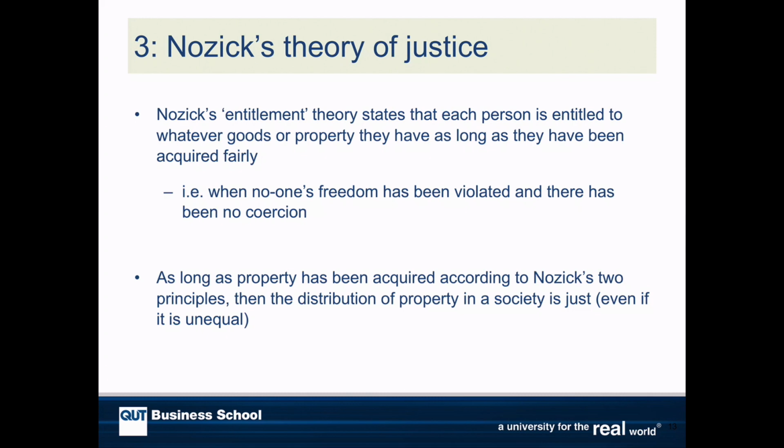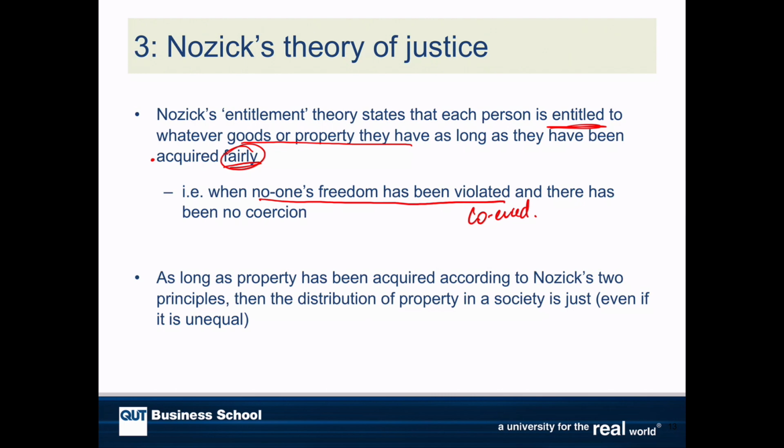So Nozick's entitlement theory basically suggests that everyone is entitled to goods and property that they've acquired fairly. This is really important. You have to have acquired it fairly. That means no one else's freedom has been violated. No one has been coerced, and everything that's come about is the result of free and open decision making.